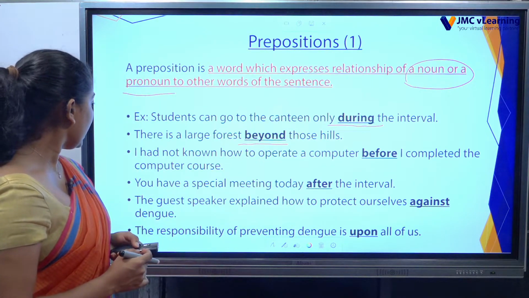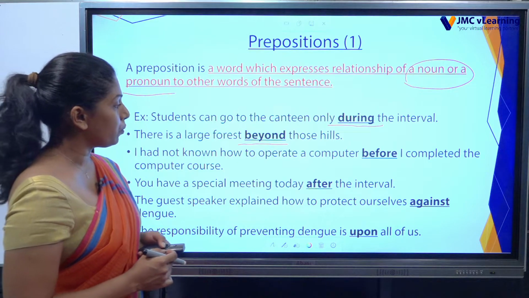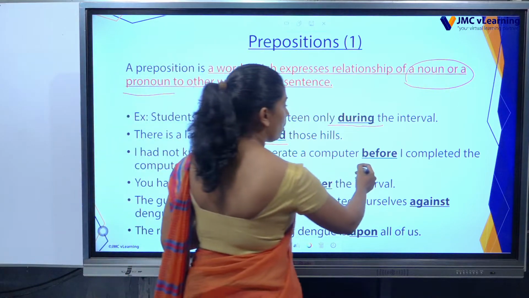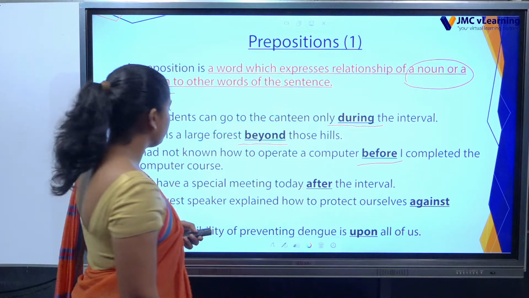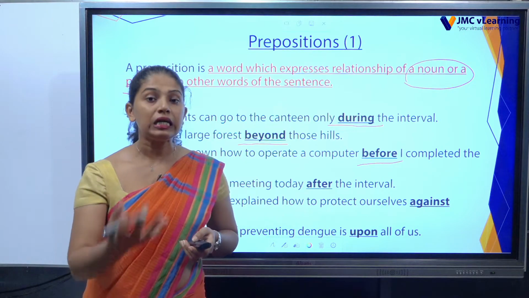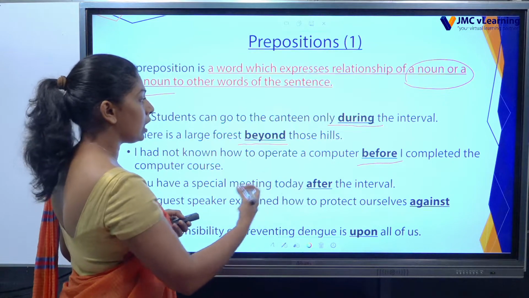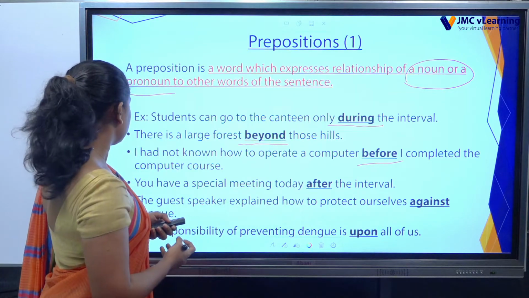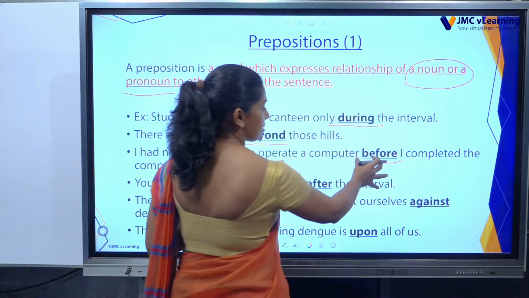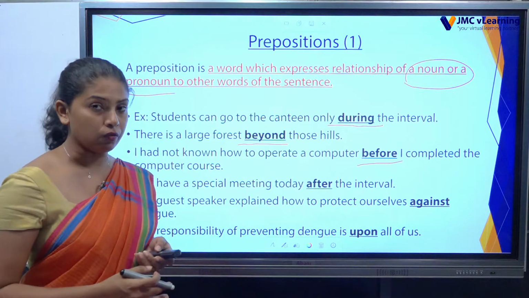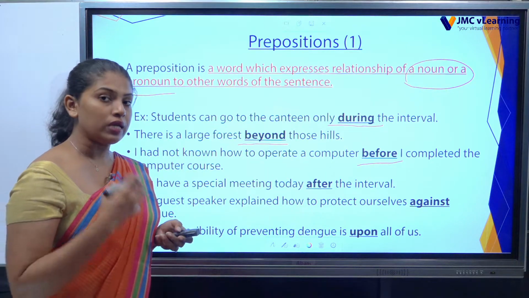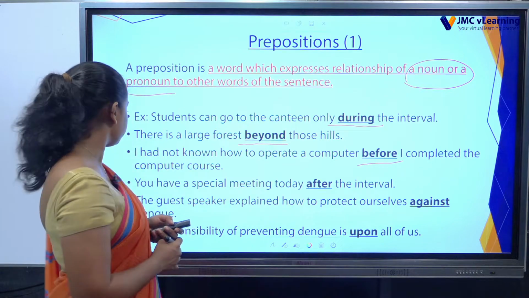Then, I had not known how to operate a computer before I completed the computer course. Before means earlier to this, earlier to when I completed the computer course. So here instead of earlier we have used before, and this word before is known as a preposition.